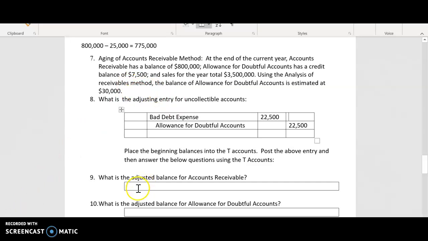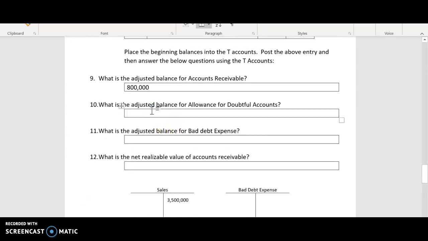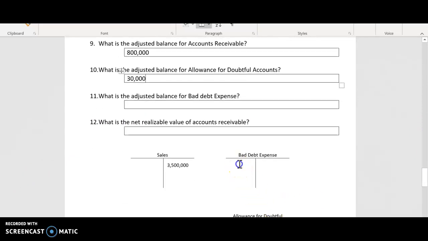So what is the adjusted balance for accounts receivable? Well, it's 800,000. And then what is the adjusted balance for the allowance for doubtful accounts? We got that to be the 30,000. And then what is the adjusted balance for bad debt expense? Well, now that is 22,500.